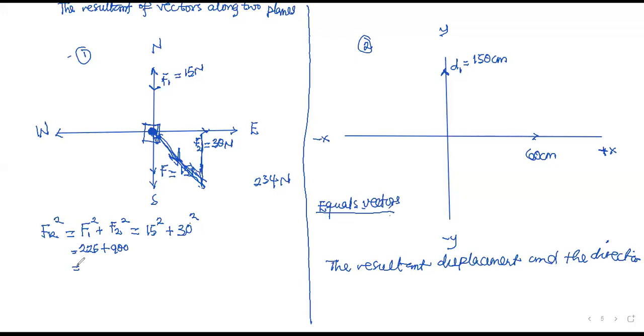Add 900 to 225. 1,125. Therefore, FR is equal to the square root of 1125. And what's the square root of 1125? 33.54.